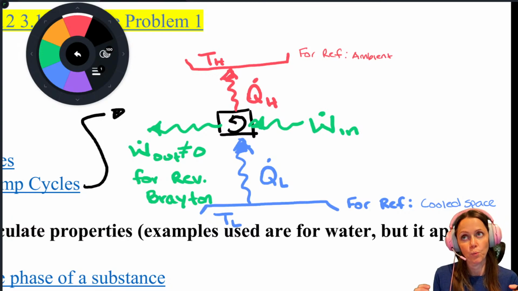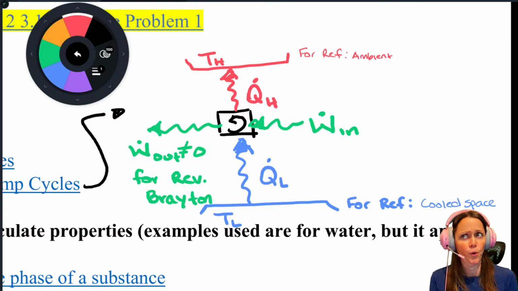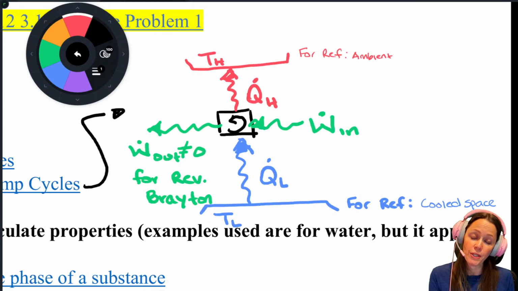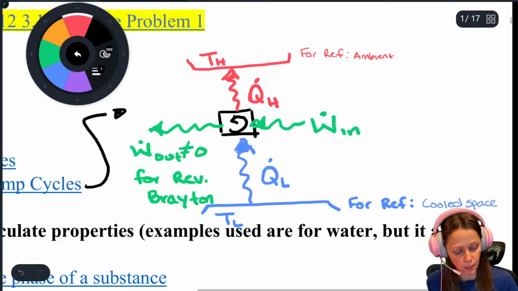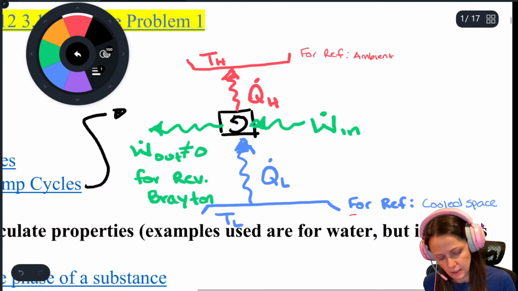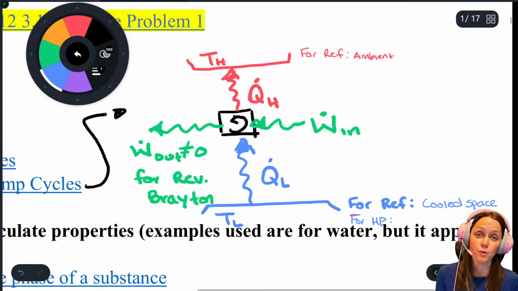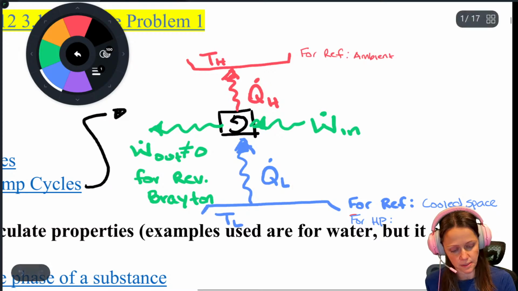So for what we're going to call a refrigeration cycle, or a refrigerator, or an air conditioning cycle, we're interested in cooling a space. In this class, we're going to call it a heat pump if we're interested in heating a space.